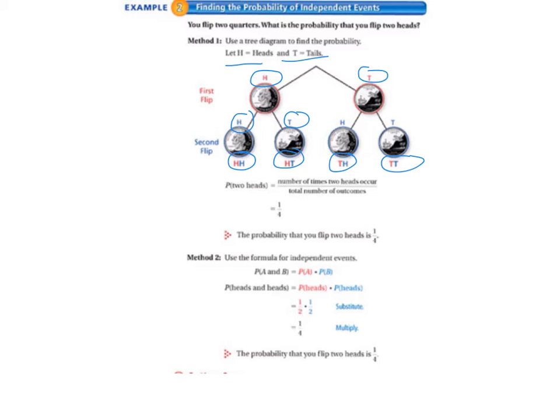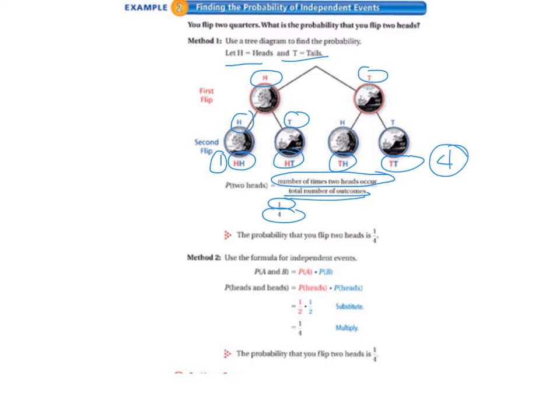So the probability of two heads is the number of times two heads occurs out of the total number of possible outcomes. So there's one way for two heads to occur, and there are four total number of outcomes. So there's one way for two heads to occur out of all of these four outcomes. So four total outcomes. So 1 out of 4.